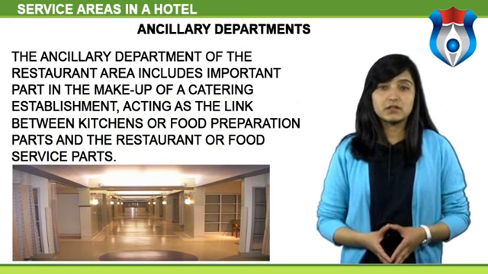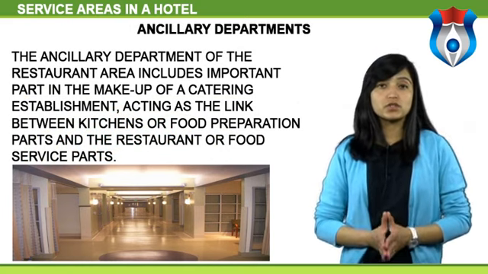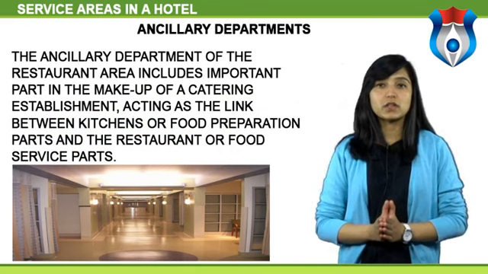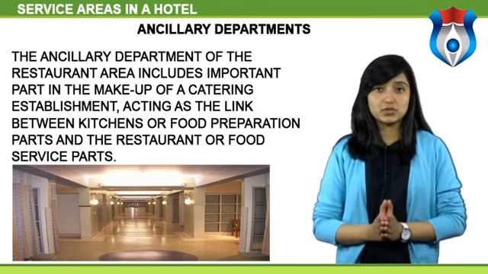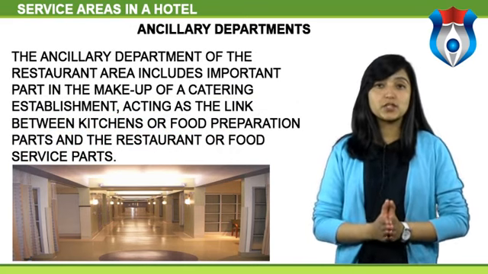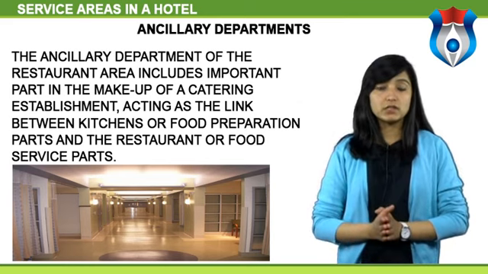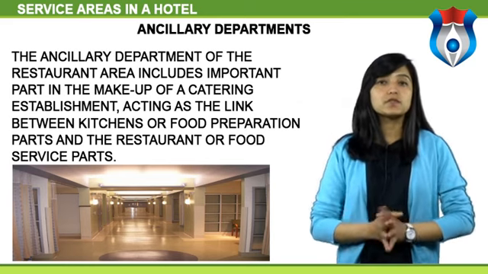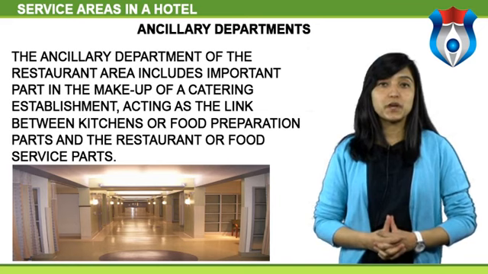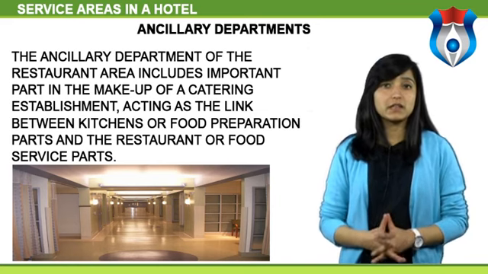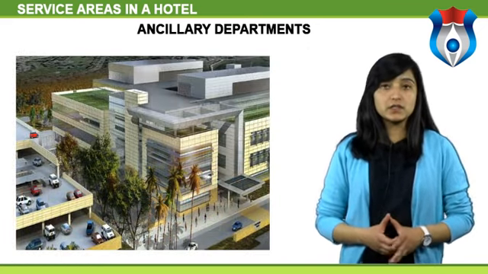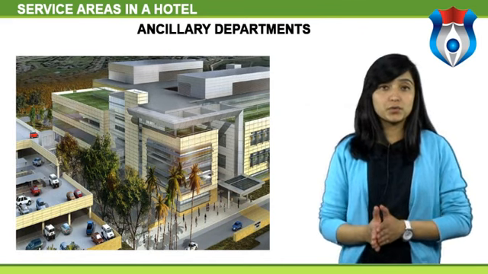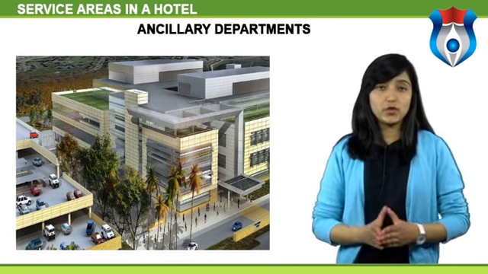Ancillary departments. The ancillary department of the restaurant area includes an important part in the makeup of a catering establishment, acting as a link between kitchens or food preparation parts and the restaurant or food service parts. The service areas behind the scene can also be termed as back of house. The service areas are stocked with appropriate equipment depending on the style of operation.